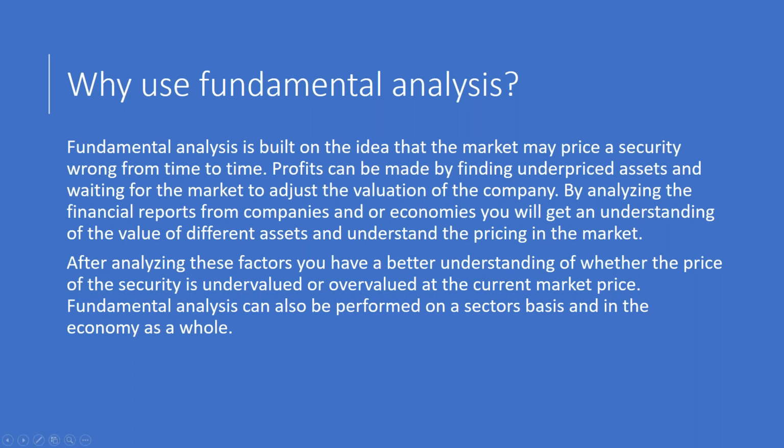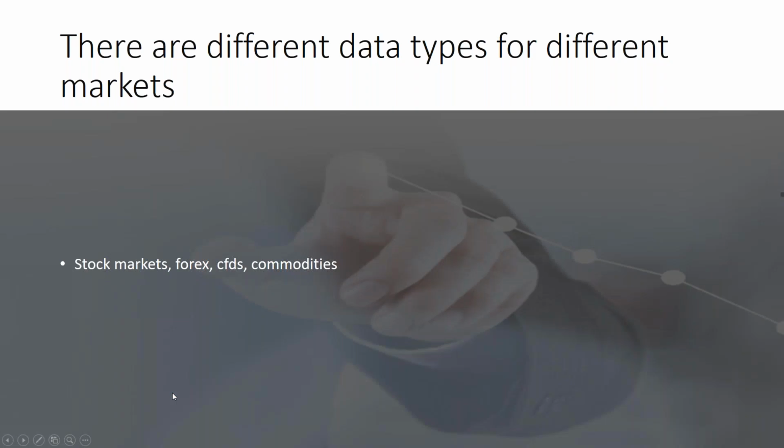Fundamental analysis is also performed on sector basis and in the economy as a whole. Now, there are different data types for different markets. You cannot look just at an economics calendar thinking about Forex or gold prices and not look at how it would affect stock markets.